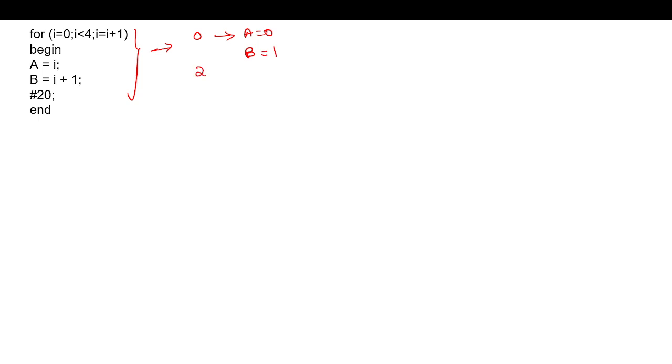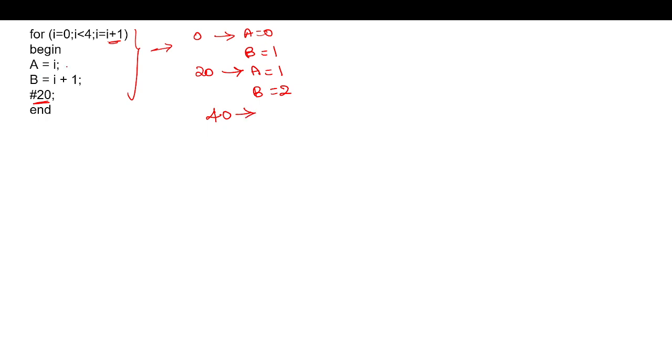And time scale will be incremented to 20. So after 20, this I is also I plus 1. Again, it will start from this loop. So at that 20 instant, you will see the value of I and B. Again, incremented by 20.